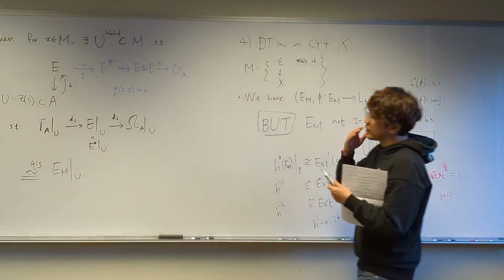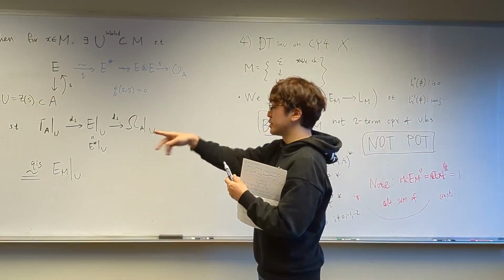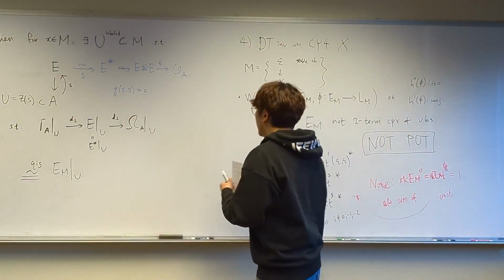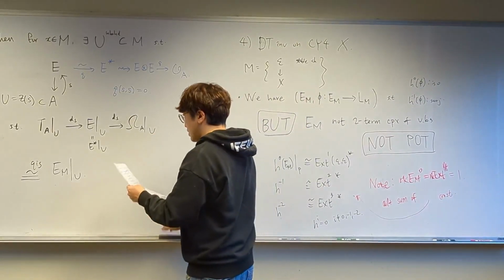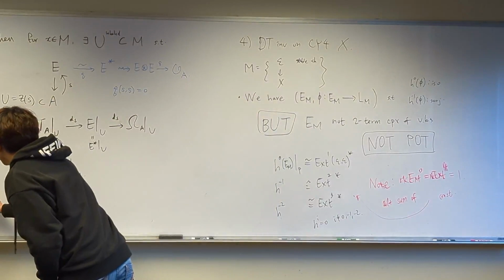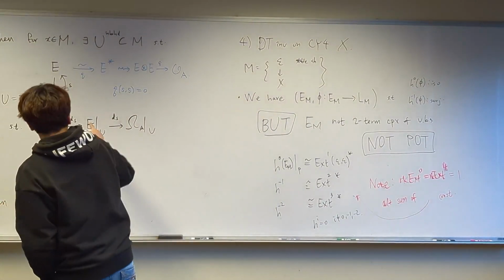So again, what I want to say is we have a local model that covers this, and what's good in this case is that the rank of E, the middle term, is even.